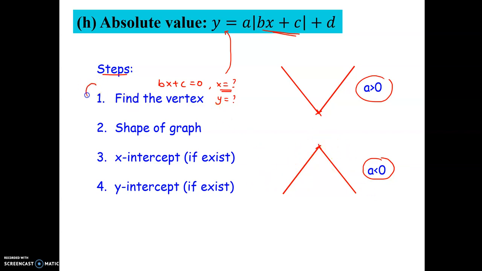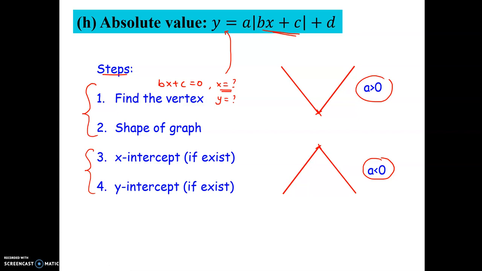So once we have the first and second step, we're going to try to draw them first, and then once we draw them, we're going to check whether we have an x-intercept and y-intercept. If we have them, then we're going to calculate the value.